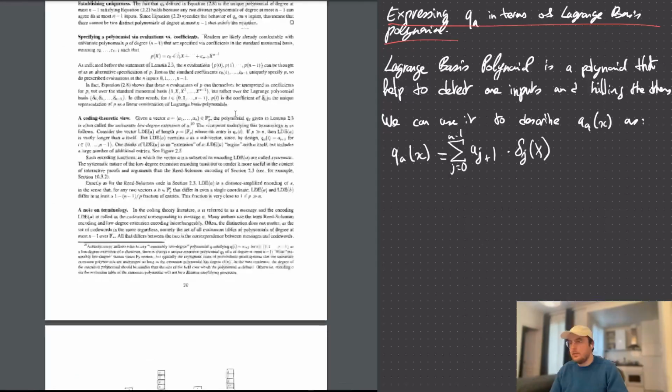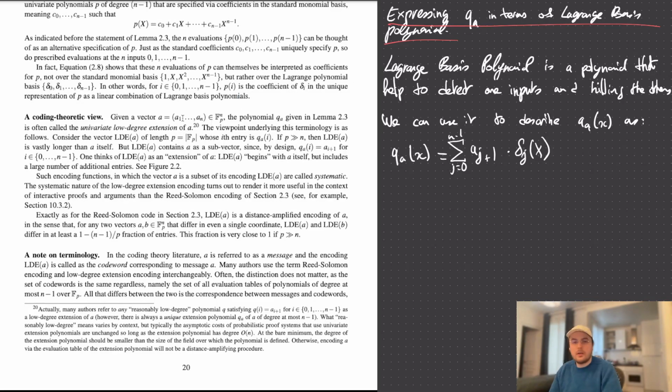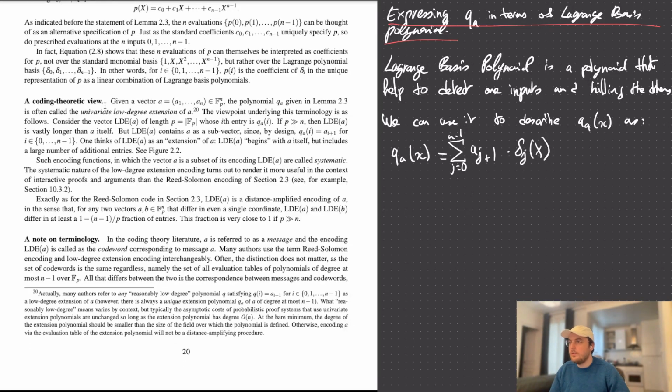So the text is just to say we can represent our encoding either with coefficients or with evaluations. A coding theoretic view.